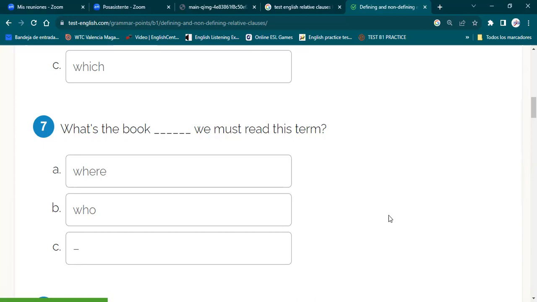What's the book where we must read? What's the book who we must read? Or what's the book nothing? What's the book we must read this term? Nothing.